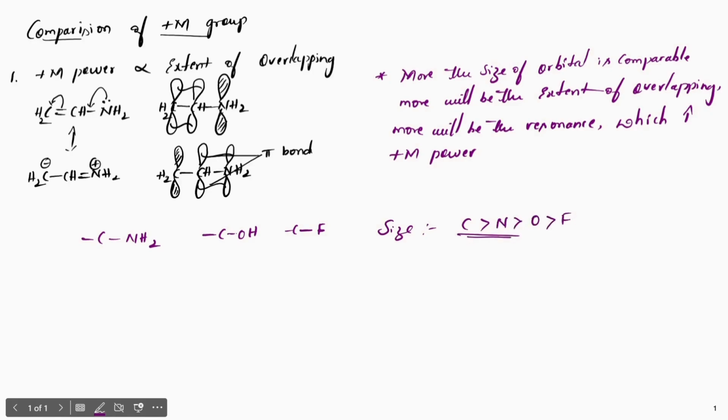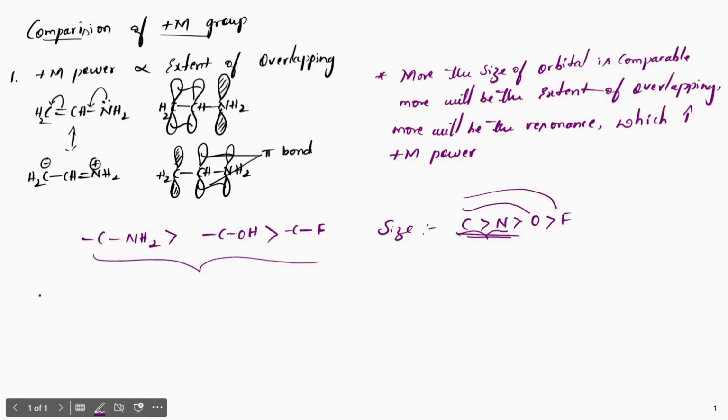The size of carbon and nitrogen is comparable, then carbon and oxygen, and then carbon and fluorine. Since the orbitals of carbon and nitrogen are comparable in size, the positive mesomeric power is greatest for the carbon-nitrogen bond, then carbon-oxygen, and then carbon-fluorine. This is the order of positive mesomeric power.